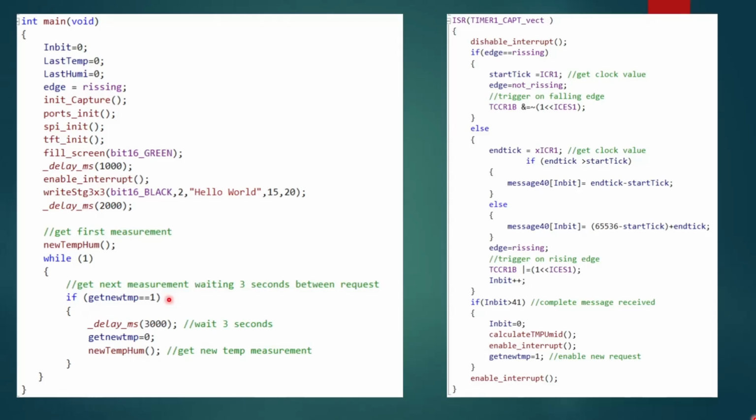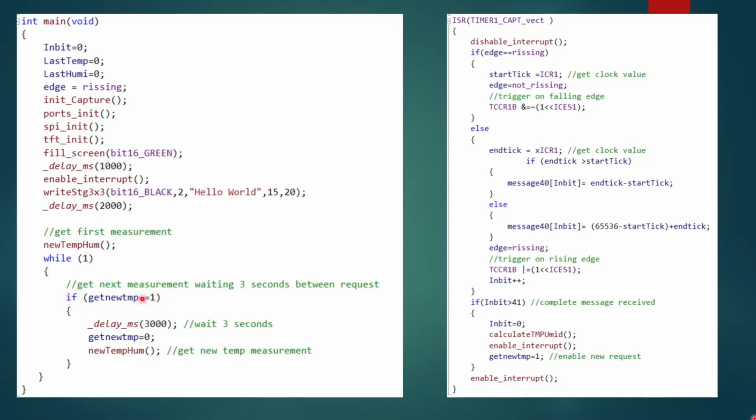And the get new message to start is going to be 0, and then it's going to be set to 1 by the interrupt service routine. So basically we do nothing here till the service routine says, hey, the get new message is equal to 1, which means that the service routine already calculated the value of temperature, humidity, and it has been displayed.